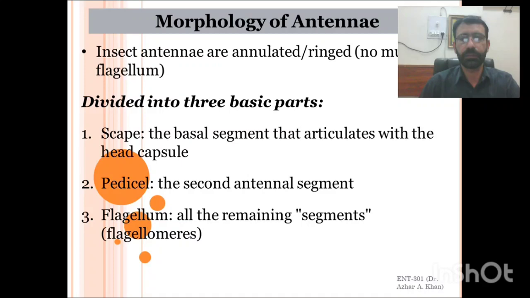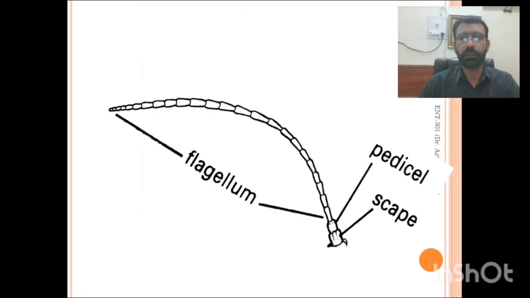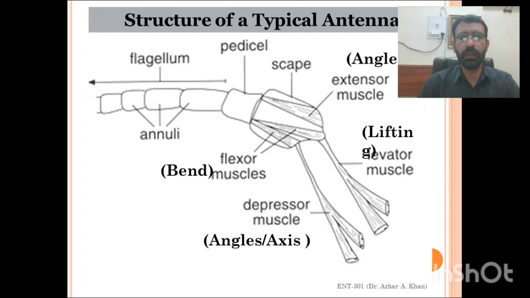These segments are known as flagellomeres. So this is the typical antenna of an insect containing three major parts: scape, pedicel, and flagellum.